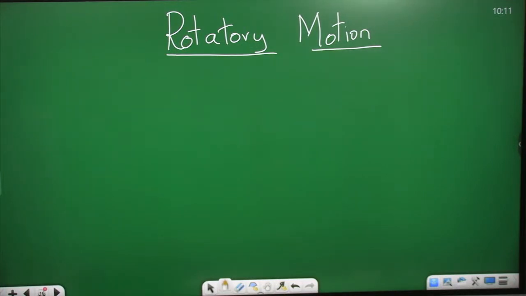Write the formulas of rotatory motion and check whether you are getting them right or wrong.